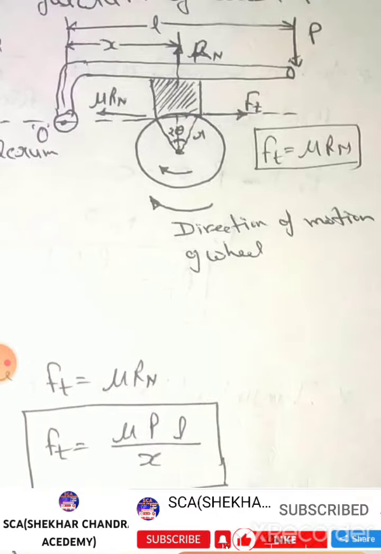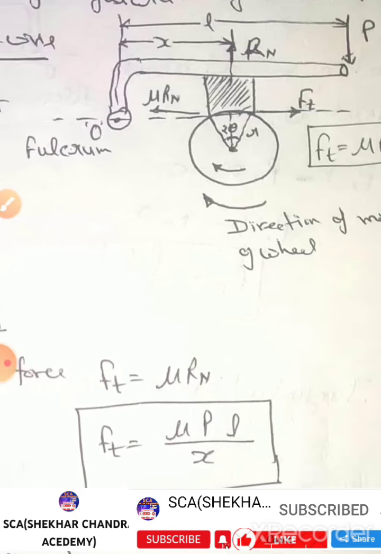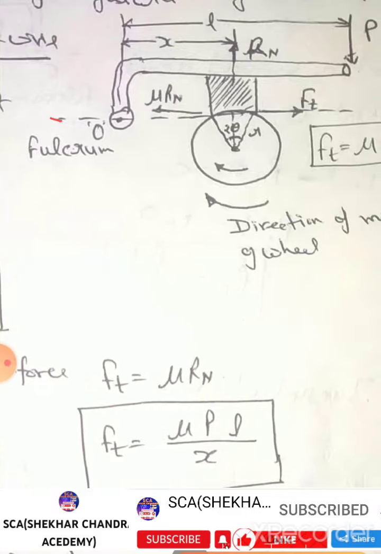The line of action of frictional force passes through the point O. Please note it down.